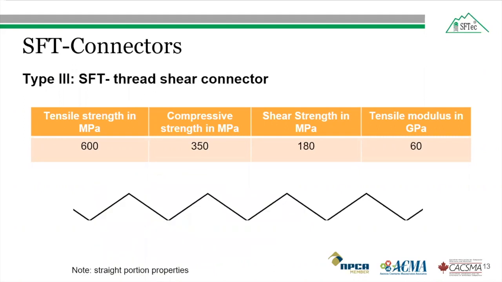Finally, the third type is the SFTec thread shear connector, which has a tensile strength of 600 megapascal and tensile modulus of 60 gigapascal, and its structure is like a truss. It is worth mentioning that all the SFTec connectors are made of fiberglass.